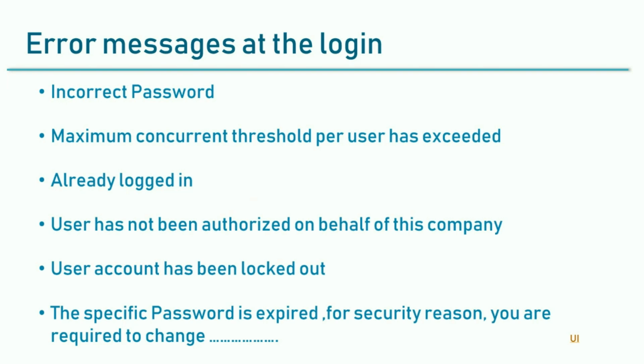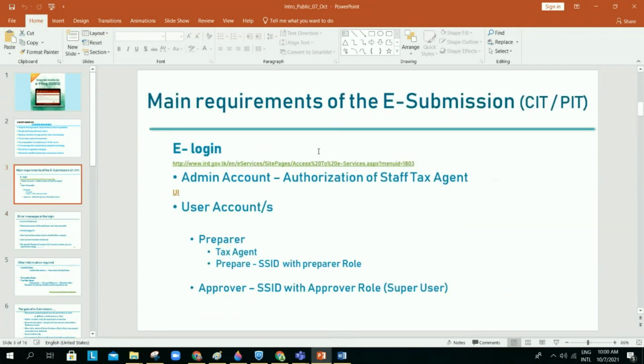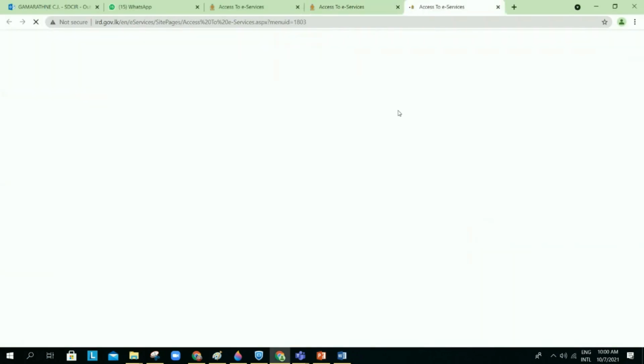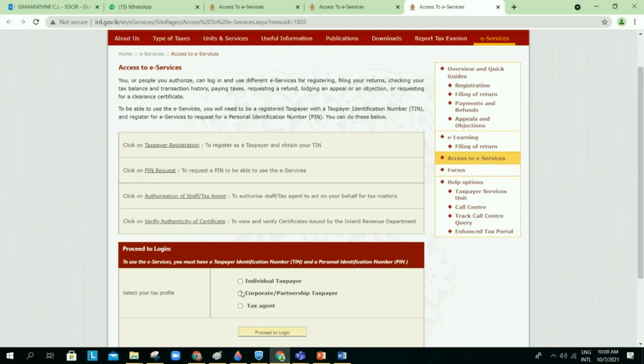Then you can go to the browser and I will show here.